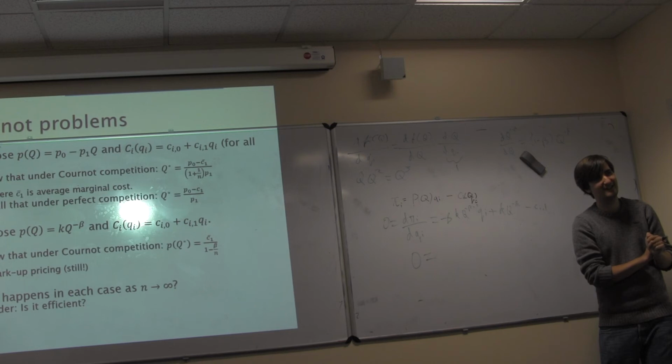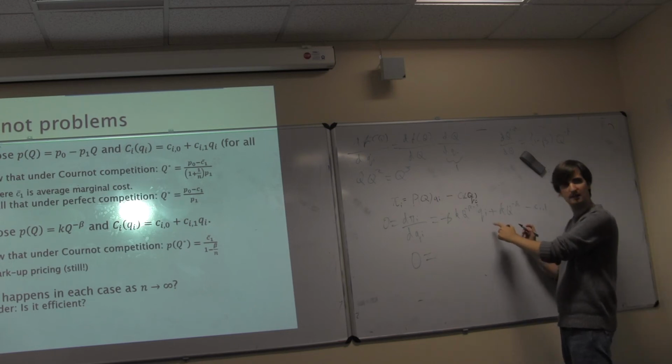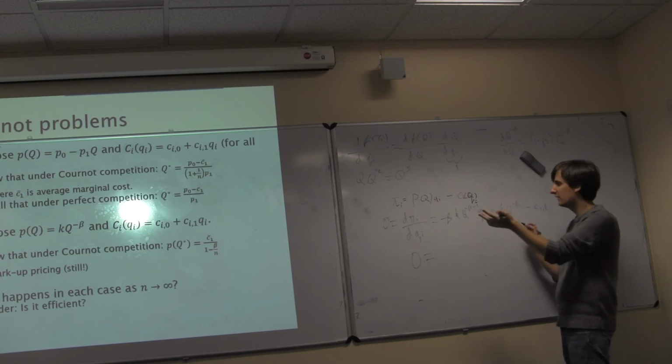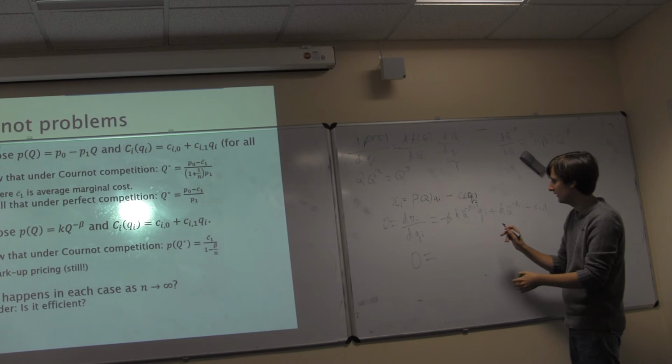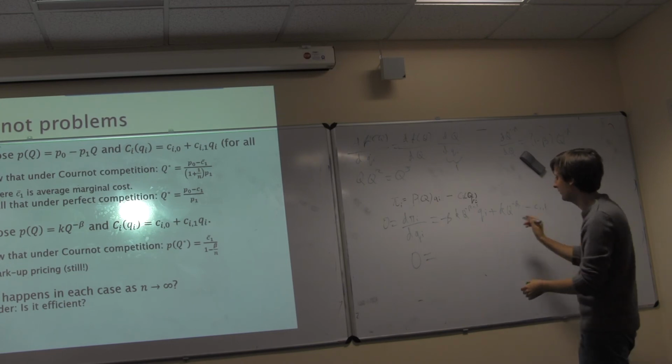Change it to add them together for the small q. So the small q's are all going to get added together, and they're going to become big Q. And change the c to average c, if we're also dividing.